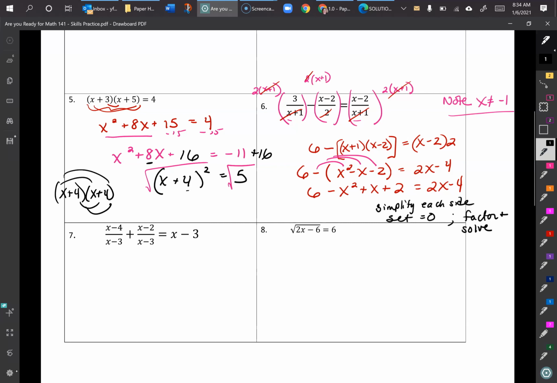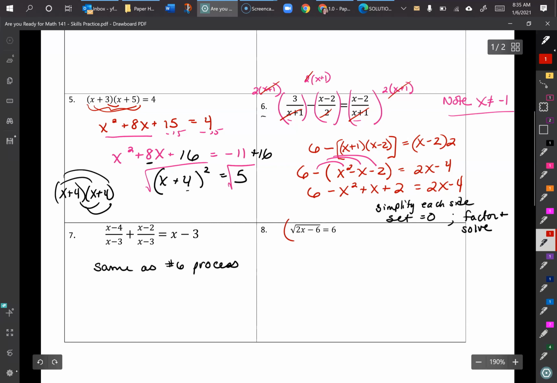So for number 7, we have a very similar problem. I'm not going to go through that one. You would use the same technique as you used for 6. So I'll just write that. For 8, we have a radical, so we're going to actually square both sides.